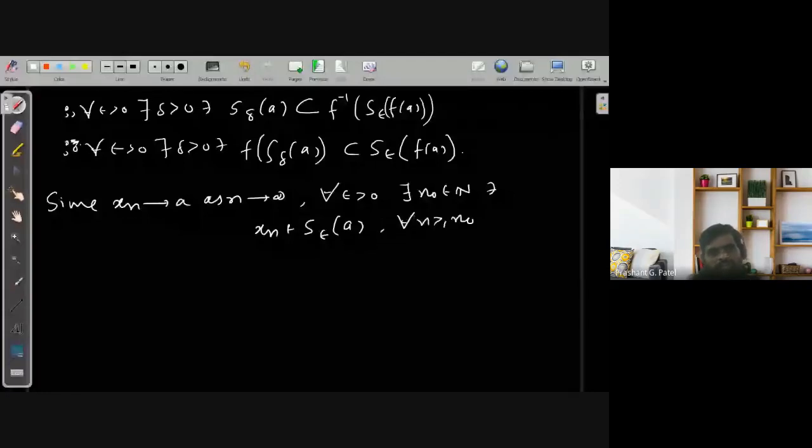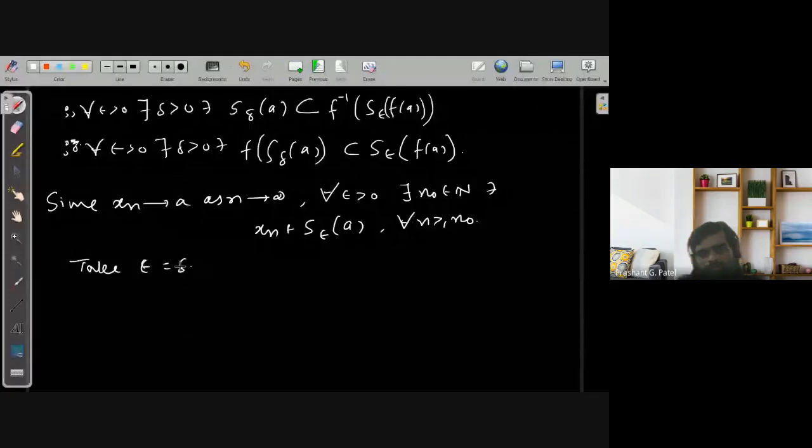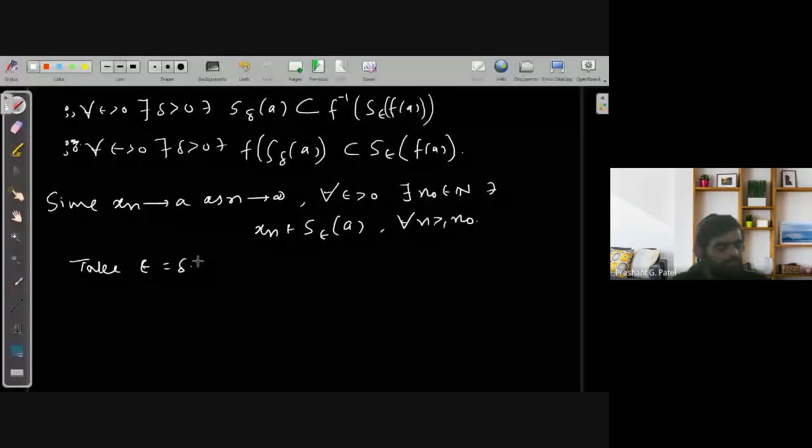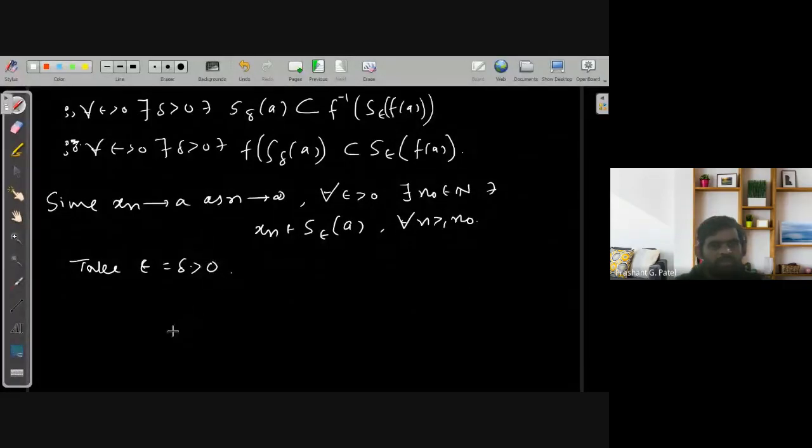So take this epsilon equal to delta, which is greater than 0. So we can say that xn belongs to S delta of a whenever n is greater than or equal to n0.